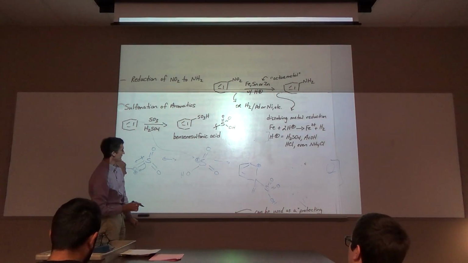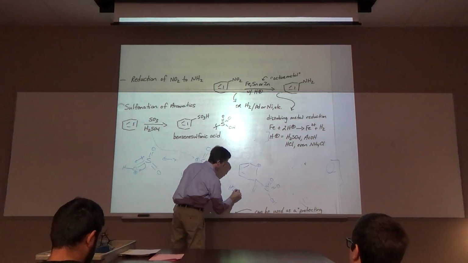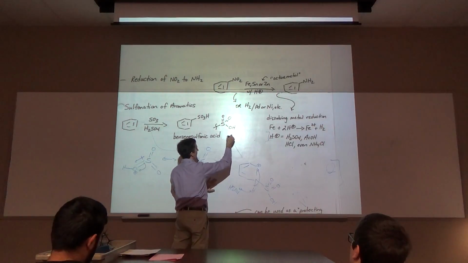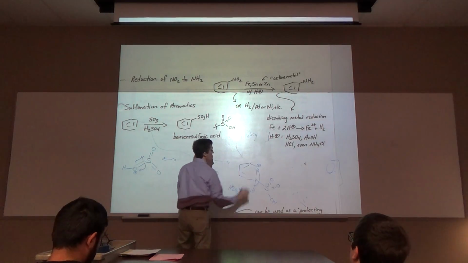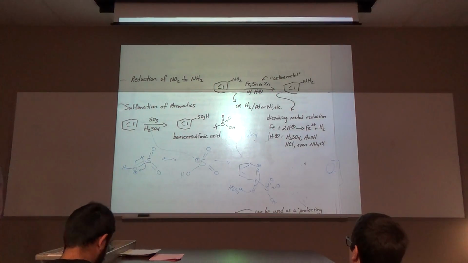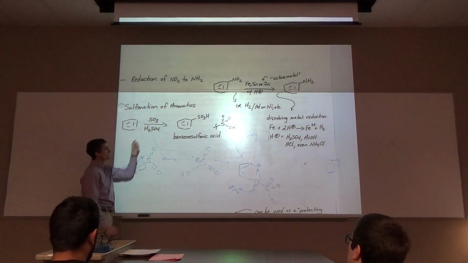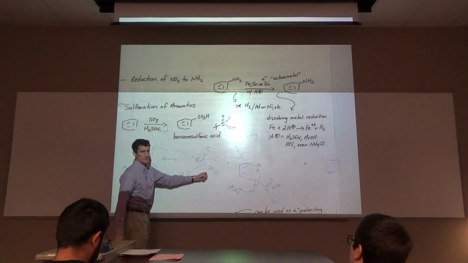There's your sigma complex. And so now we use something to pick up the H and do the fast elimination. We give our sulfonic acid and we reform our H2SO4. So this is your catalyst here. And protonation of the SO3 makes it more electrophilic.